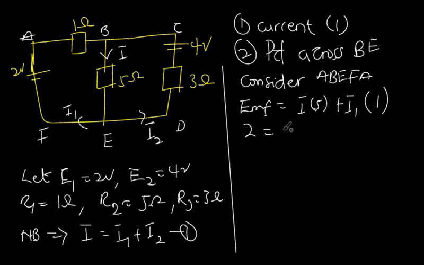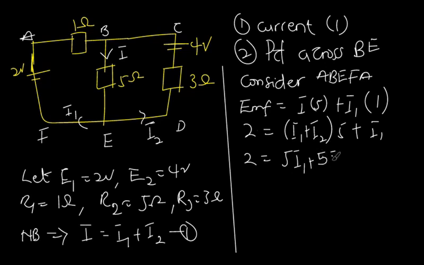So we have 2 is equal to, now the I from equation 1 is telling us what? I1 plus I2. So we have here I1 plus I2, that is for the I, times 5 plus what? I1. Then we now break this down. So we have 5I1 plus what? 5I2 plus I1.